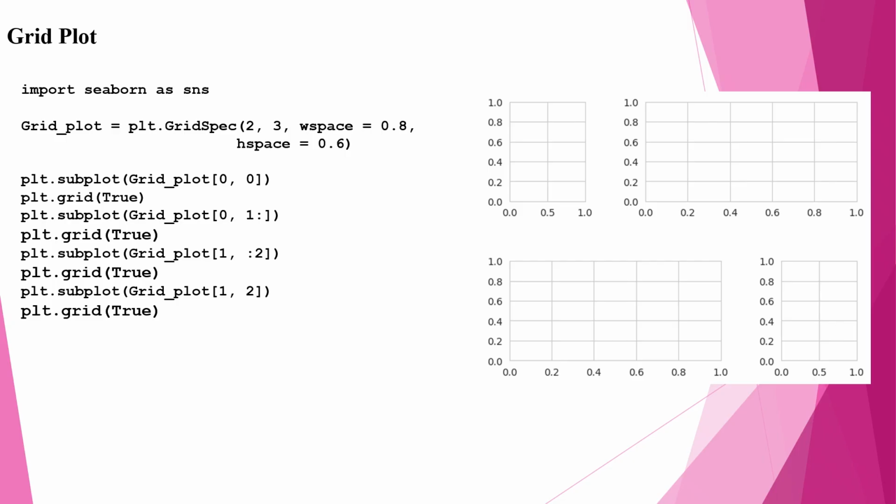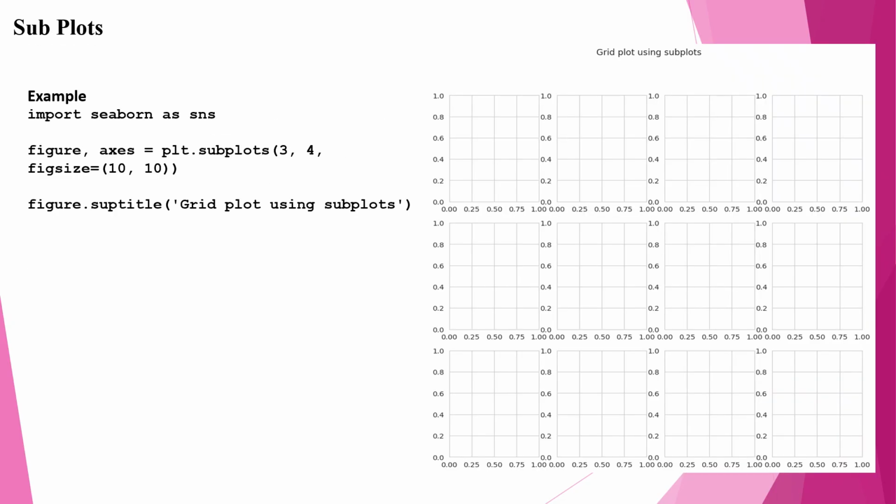The plt.grid(True) function is applied to each subplot to display grid lines, improving readability. This approach provides more control over subplot arrangement compared to the basic subplot method and is useful for creating complex and customized layouts.